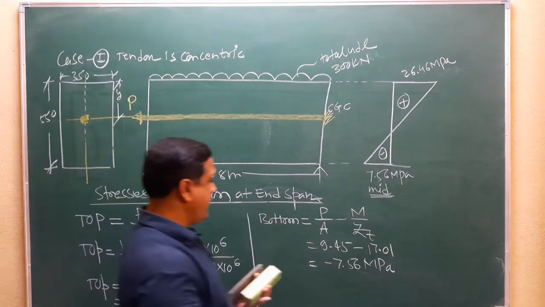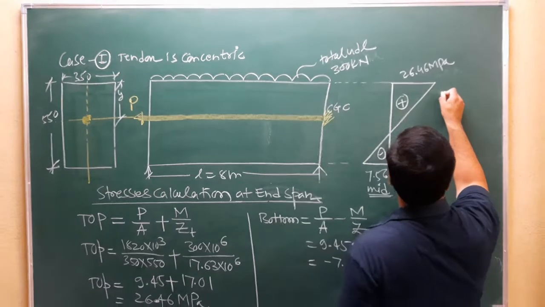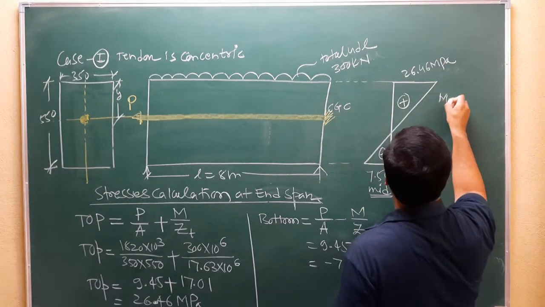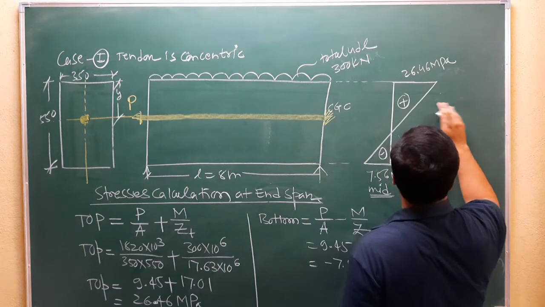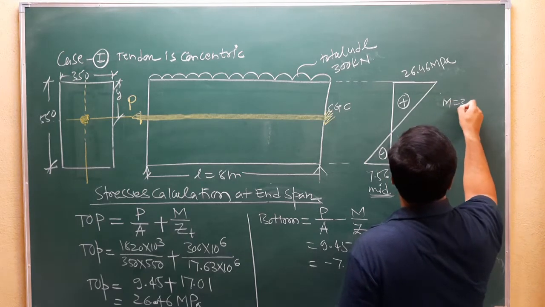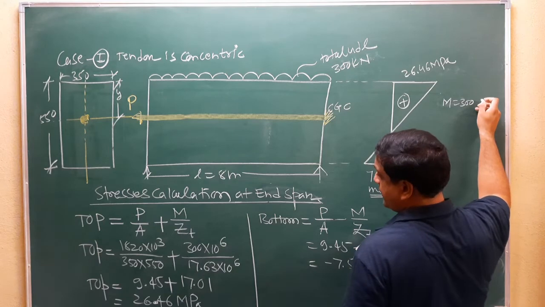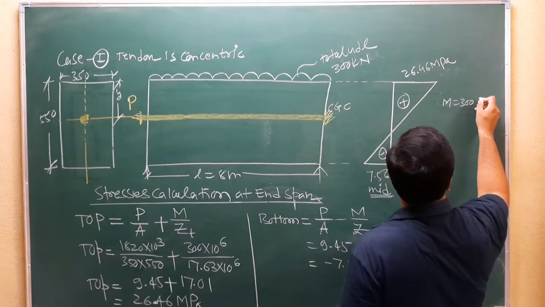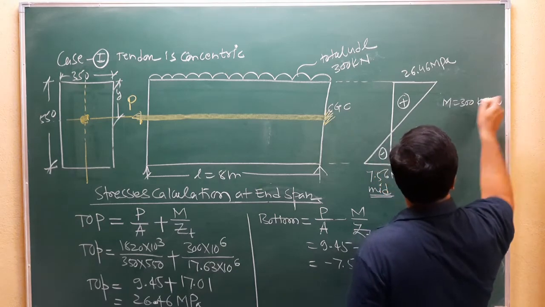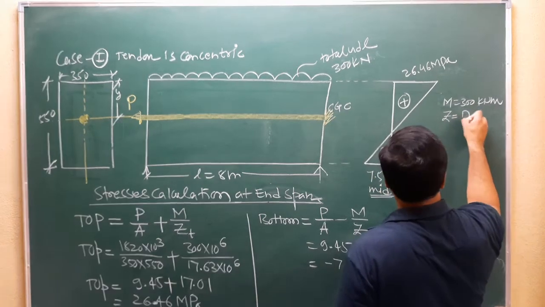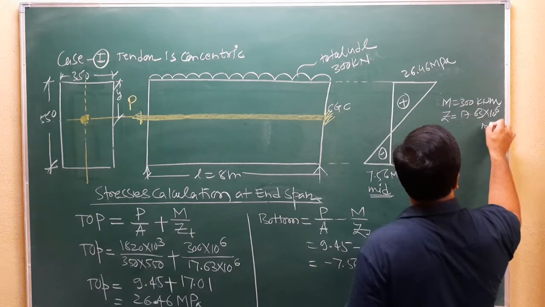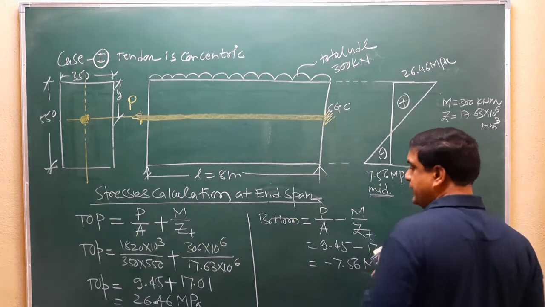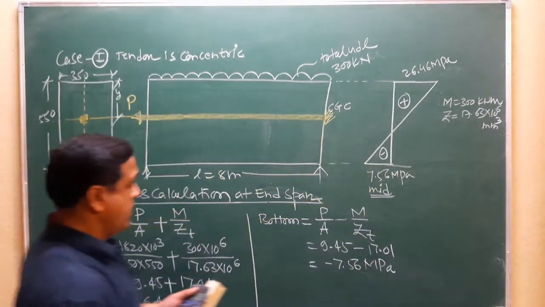But I need these values. I will write down here the bending moment, which is 300 kilonewton meter. Z is 17.63 into 10 raised to 6 mm cube. Because I need these values. Now what to do?